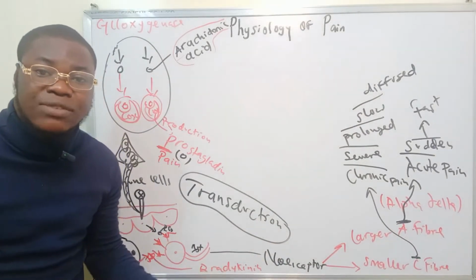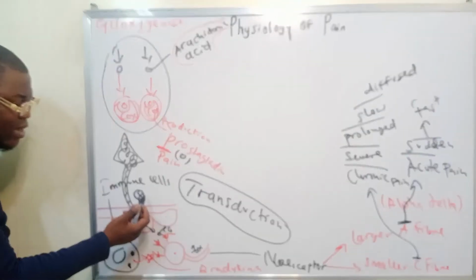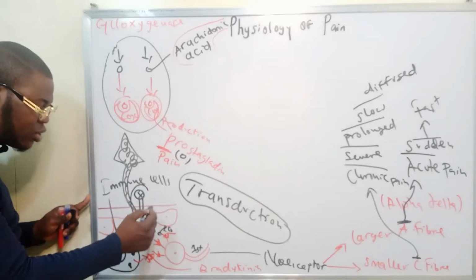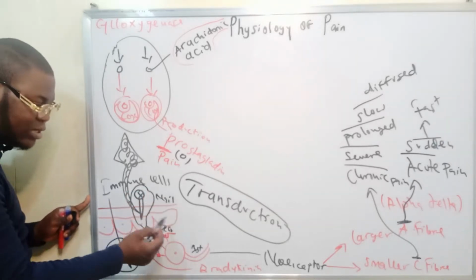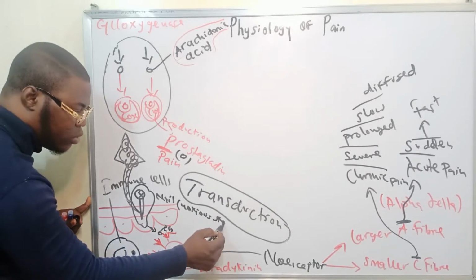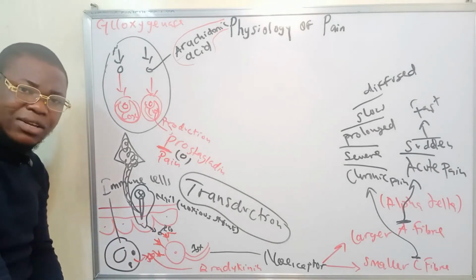Now, what is transduction if you want to define it? What do you think happens here? What happens right from here is that we have a noxious stimuli. A noxious stimuli is this nail here destroying the cell. So it brings about a noxious stimuli, and now the person experiences some kind of pain, right?